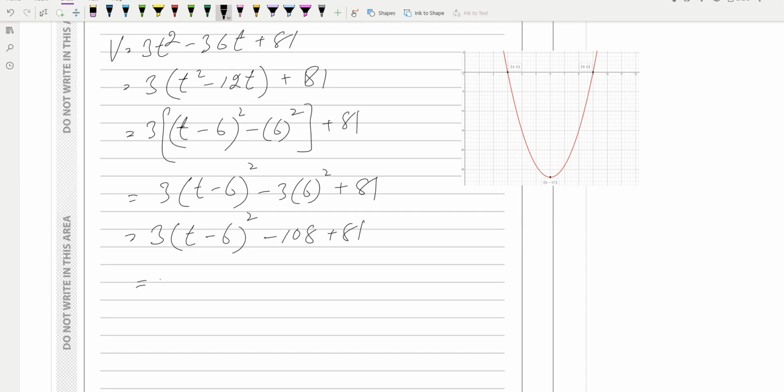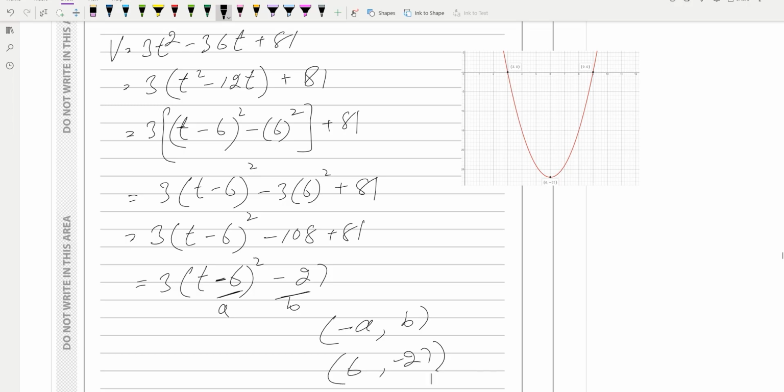So we can write 3 into t minus 6 squared minus 27. Now the minimum point is found from the a and b values: we take minus a, so it will be 6, and b as it is, so minus 27. This will be the minimum point.